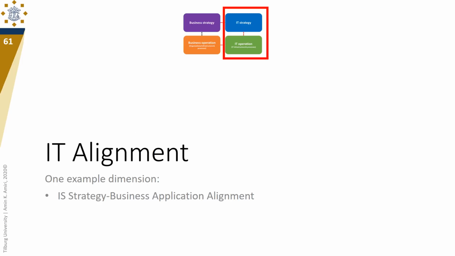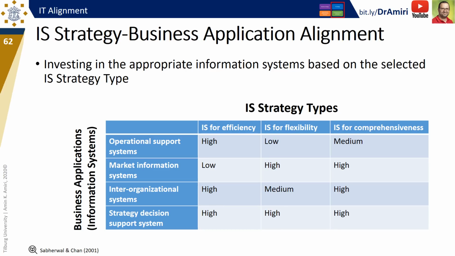Now we focus on IT alignment, the alignment between IT strategy and IT operation. We explained one dimension of this alignment, which is about the alignment between IS strategy and business application portfolio. A CIO's long-term plan is not necessarily supported by the current business applications in the portfolio, particularly if the CIO is newly appointed.